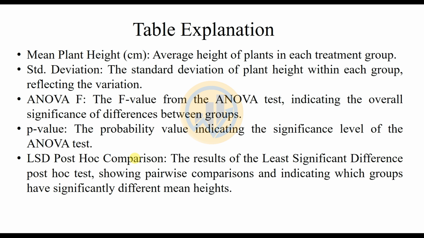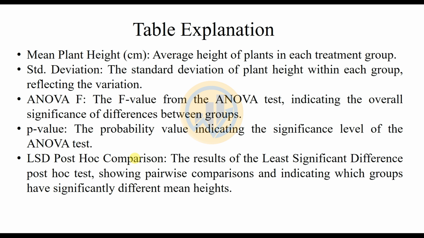So the next one is the table explanations. Mean plant height, in centimeters, is the average height of the plant in each treatment group. The standard deviation is the variation of plant height within each group. ANOVA F is the F value from the ANOVA test, indicating the overall significance of difference between the groups.